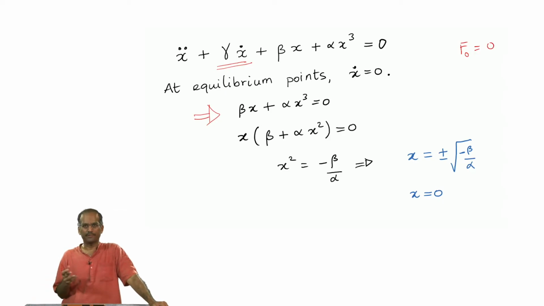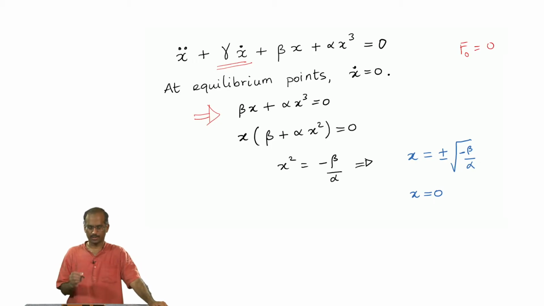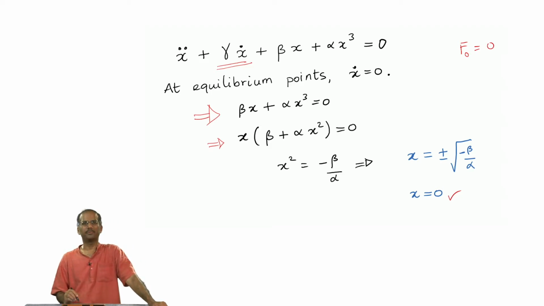We need to find out the value of x corresponding to this algebraic equation, and you will see that this equation has 3 roots. One is x equal to 0 and the other is x squared equal to minus beta by alpha. So, x is equal to plus or minus square root of minus beta by alpha.